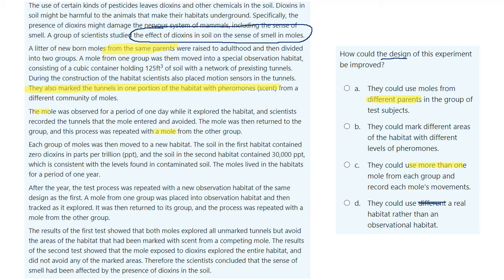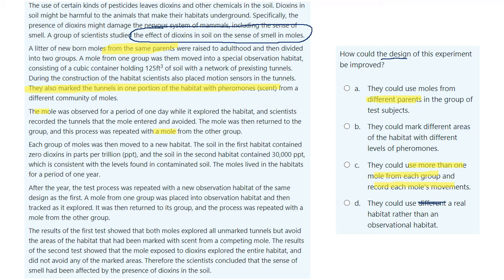If they use more than one mole from each group, then they could possibly compare. If they only use one from each group, then you might be observing a random difference. You might not be observing something that is repeatable. So we know that in science we like to repeat things. If we're doing it with a measurement and we repeat, then we can get an average.